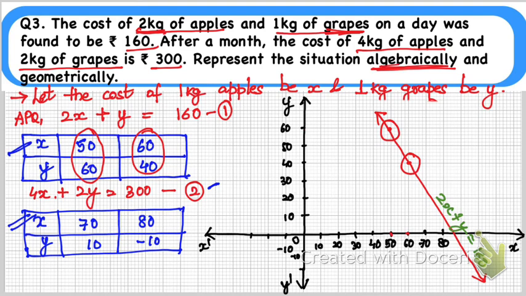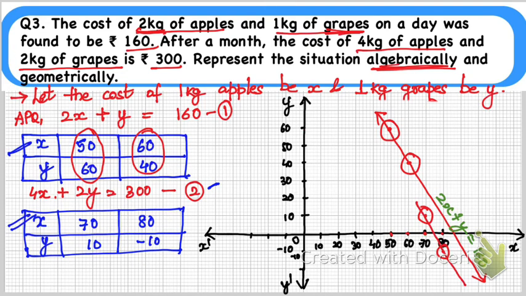Now in the same way we will be plotting the graph for equation 2 as well. Here we have x 70 and y 10, means this point, and the next one is x 80, means this point, and y minus 10, means somewhere over here. Now we will be joining these two points again.